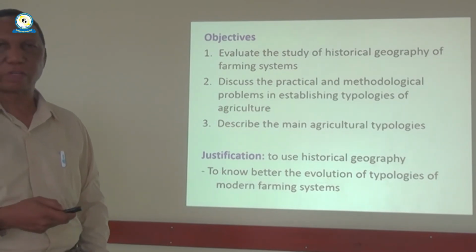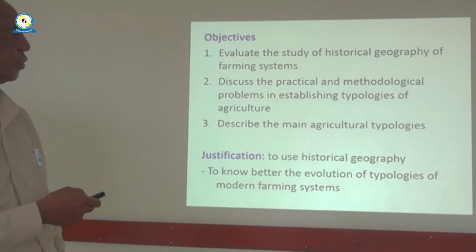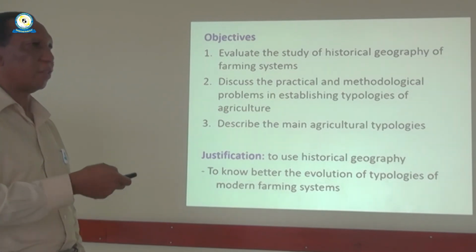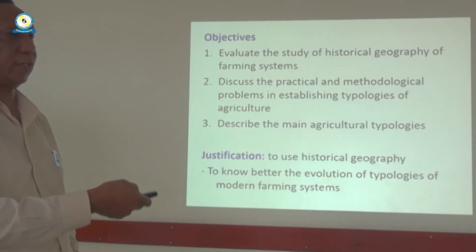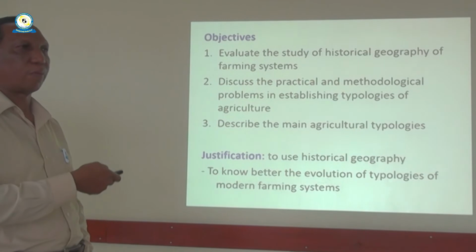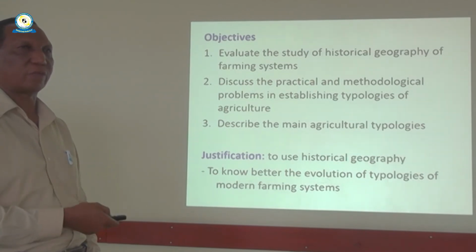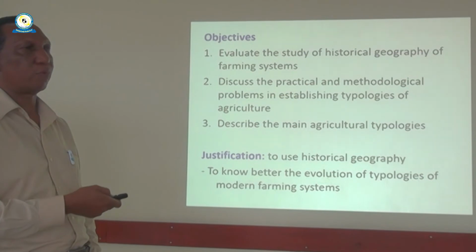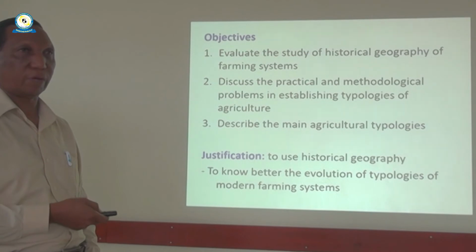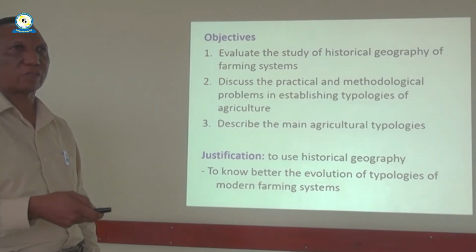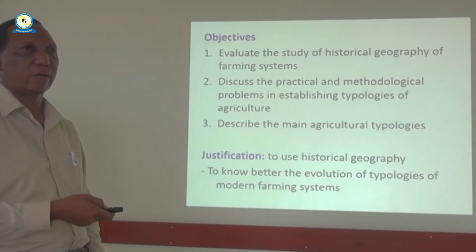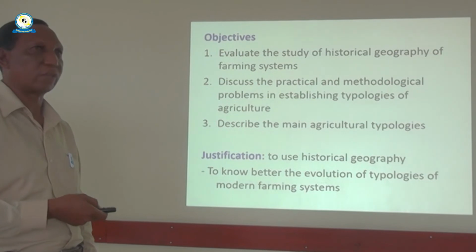So we have also evaluated the historical geography of farming systems, because these theorists built knowledge from what existed from previous perceptions. From there they made observations, examined, and came up with new ideas. So we are not going to go much deeper into the historical geography, but we shall just hint where they started their work, so that we can have a starting point.